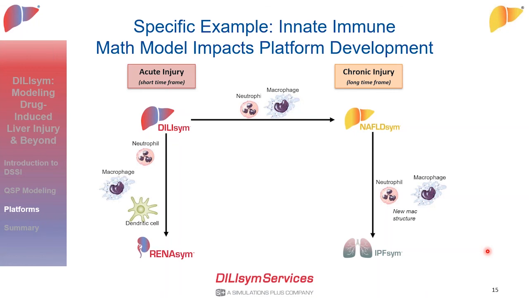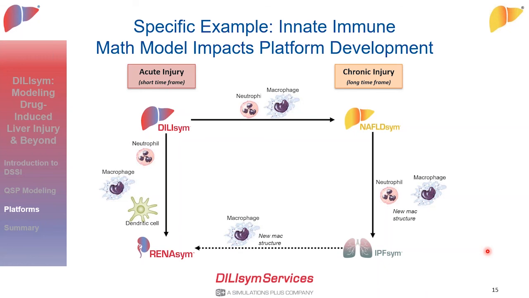So for DILIsym, we brought in macrophages and neutrophils, but also needed dendritic cells, so we used some of the same structure. And then we took this new macrophage structure that we had developed in IPF-Sim and brought it into DILIsym.